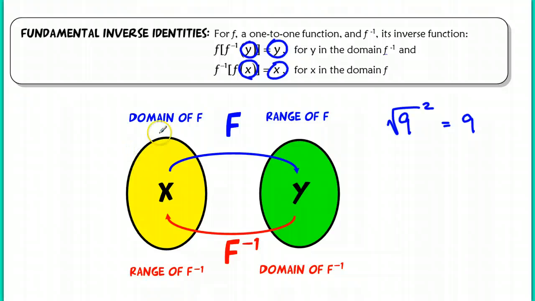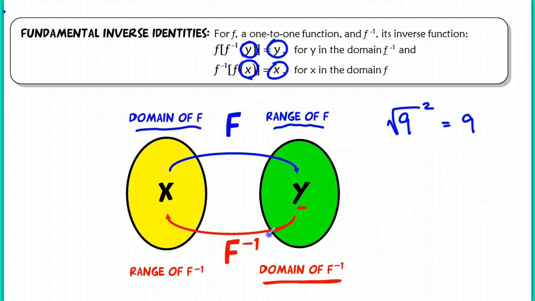Now, this set here represents the domain of f, right? Any element inside here maps in f to an element in your second set over here, which represents the range of f, okay? So you have your domain of f and your range of f. Now, all of the values in here are also within the domain of f inverse.